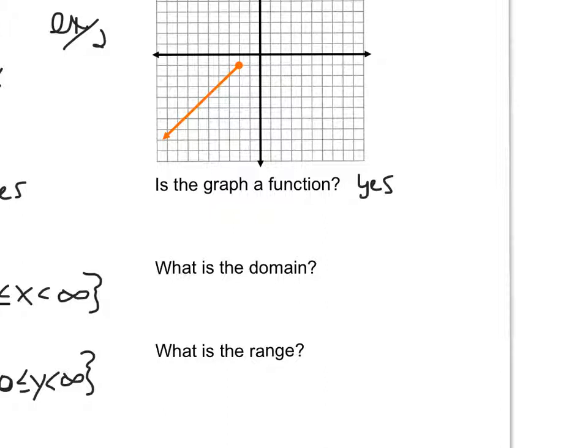Then we're going to list the domain. First, we start at the starting point, which is a closed circle, and identify that point, which is (-2, -1). Now we're going to think about the domain. The domain is your x value.